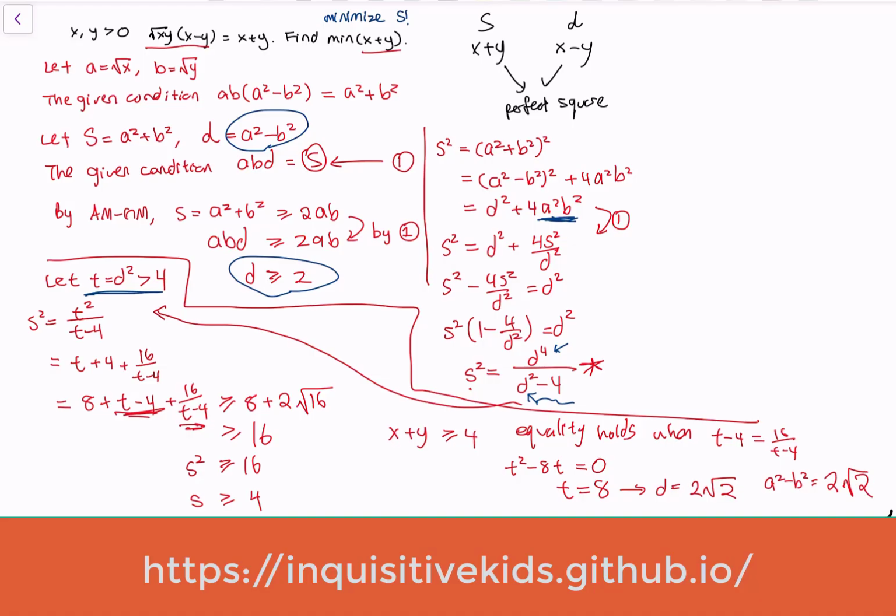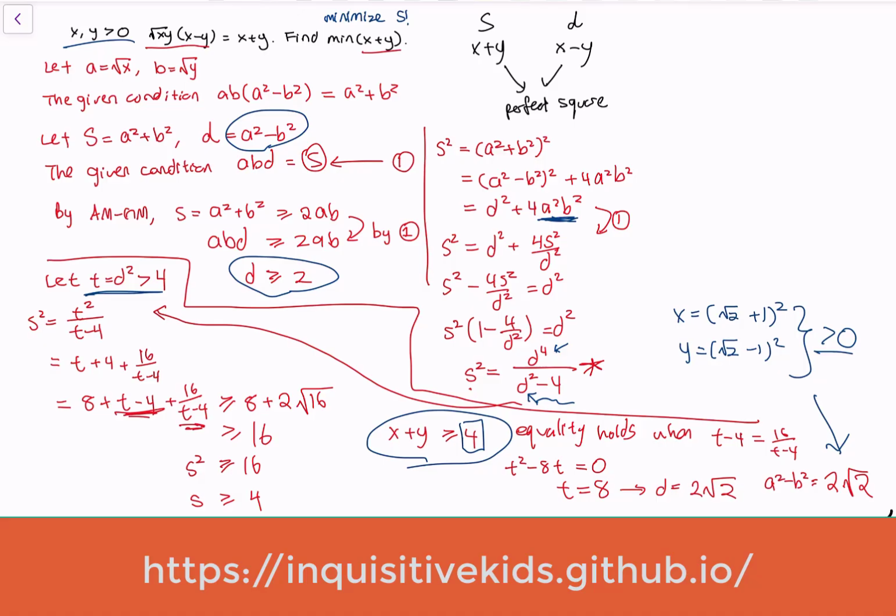If you simplify, you will find that this is true when x is equal to square root of 2 plus 1 squared, and when y is equal to square root of 2 minus 1 squared. And because both of these numbers are positive, it meets the original condition for x and y, which means that it is possible for equality to hold true. So it is valid for us to write down this final conclusion. Our minimum value of x plus y is 4.